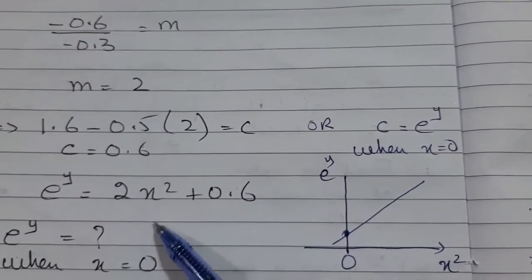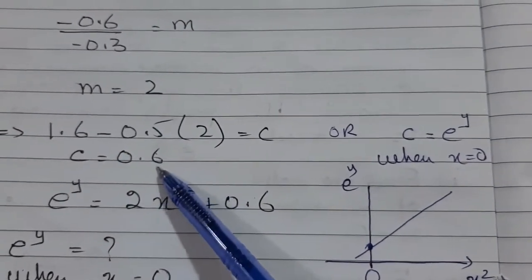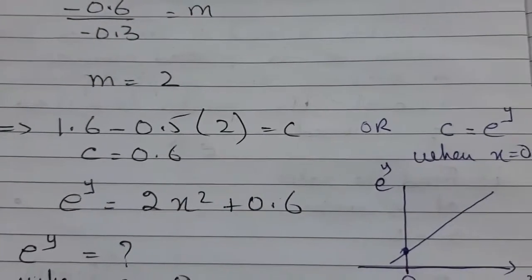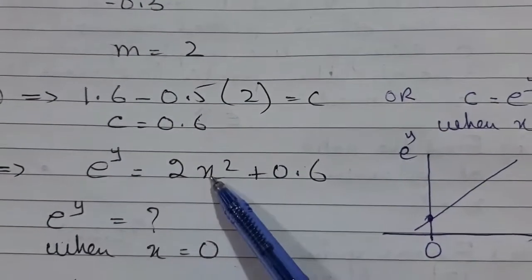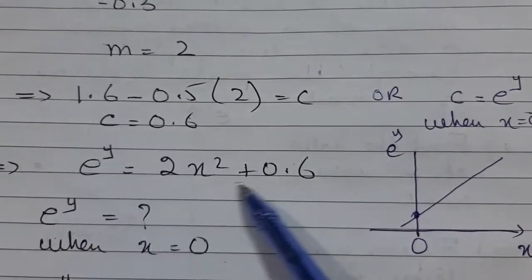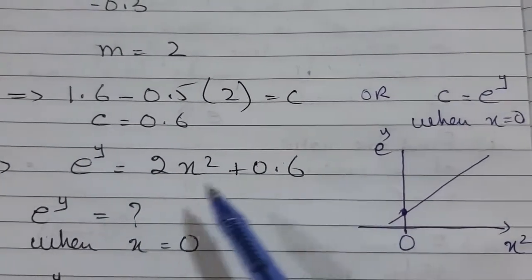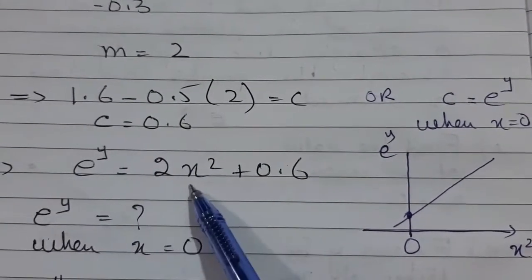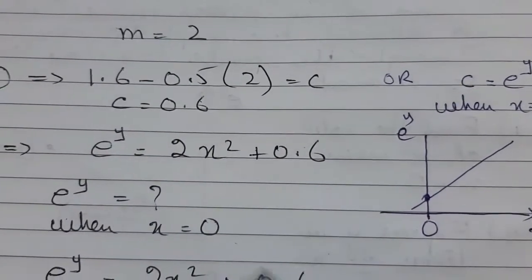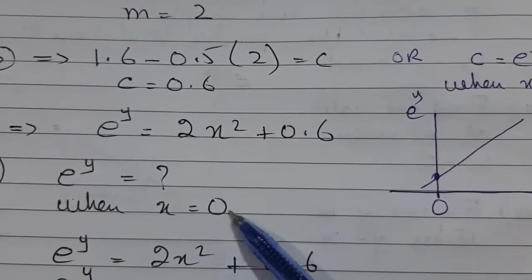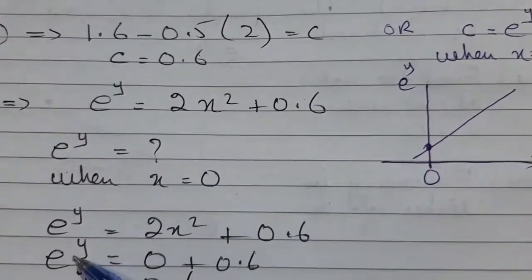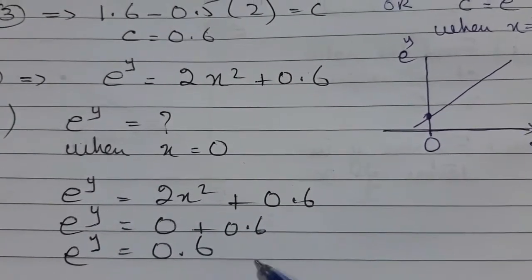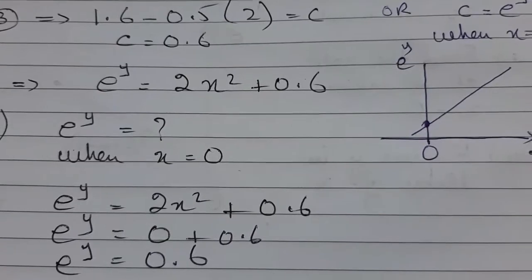Or if you cannot recall this, or if you cannot immediately make the connection, then you can substitute the value of x here in the linear law form equation, because you have just found the value of m and c. So your linear law is already modeled in a straight line form. So substitute x equals to 0, solve the equation and get the value of e power y, which is 0.6, right?